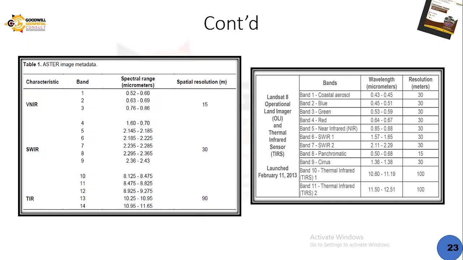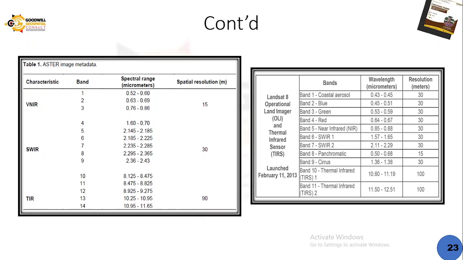Now, I am introducing you to a concept that we are going to discuss in the next slides, the concept of what you call pan sharpening, where we use a highly spatially resolved image to enhance a lowly spatially resolved image.